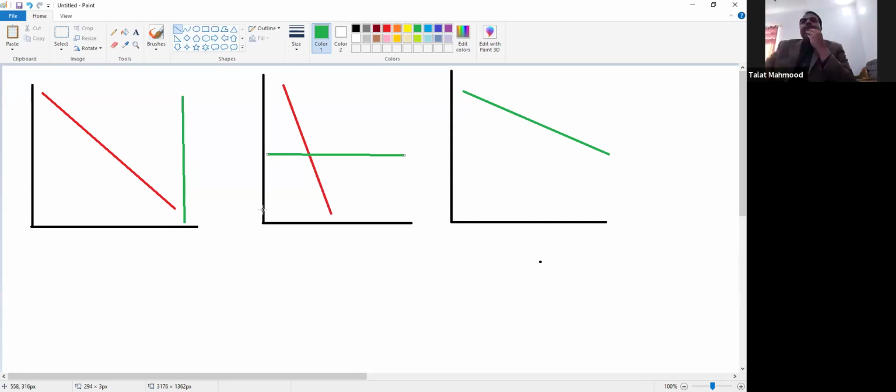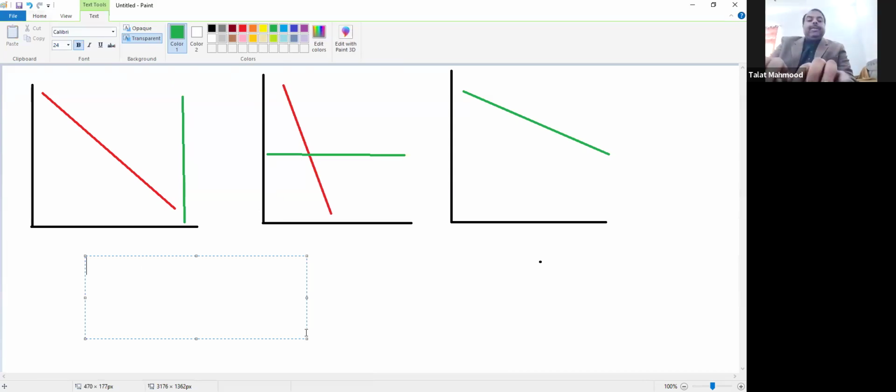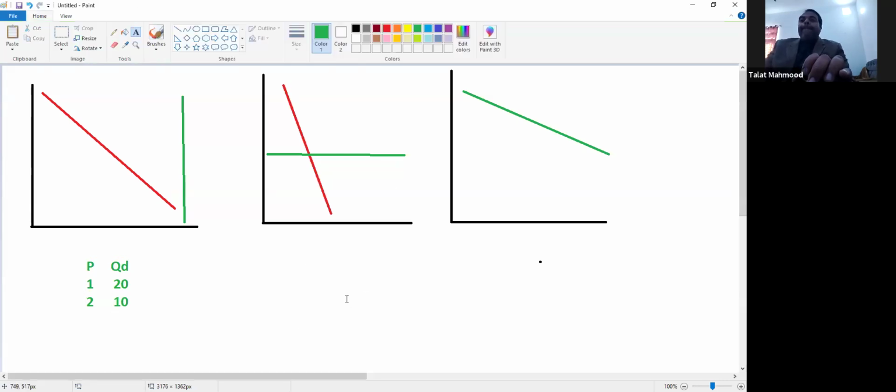Now I'm going to show you how. We see that price and demand: price is 1, demand is 20; price is 2, demand is 10. So now we have to learn the formula for price elasticity of demand.